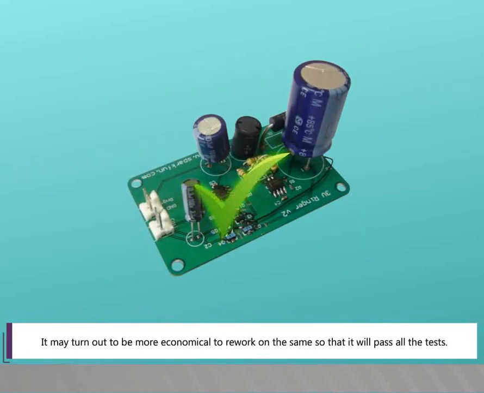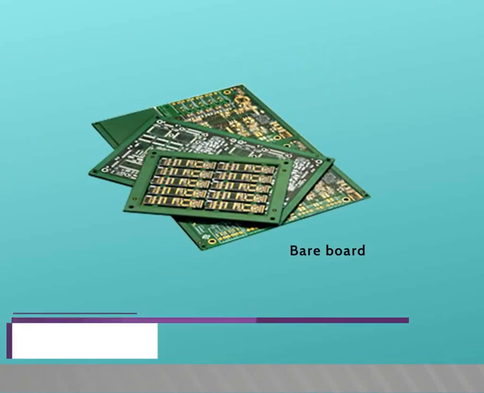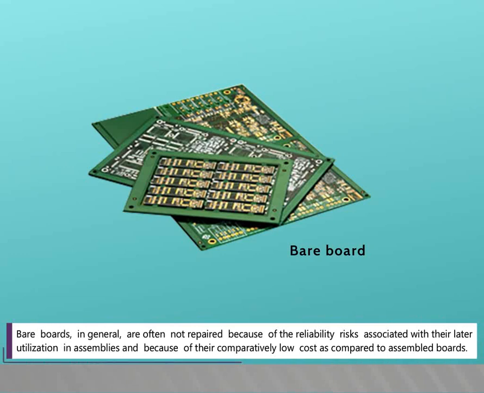It may turn out to be more economical to rework on the same so that it will pass all the tests. Bare boards in general are often not repaired because of the reliability risk associated with their later utilization in assemblies and because of their comparatively low cost as compared to assembled boards.